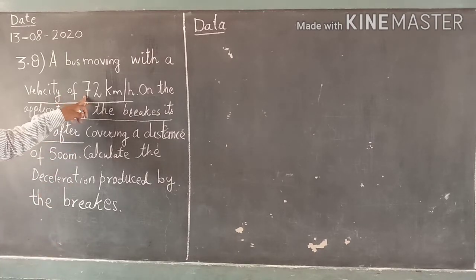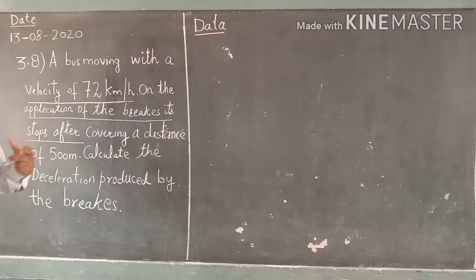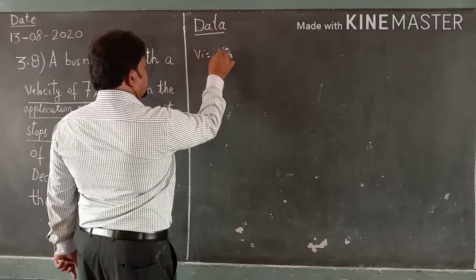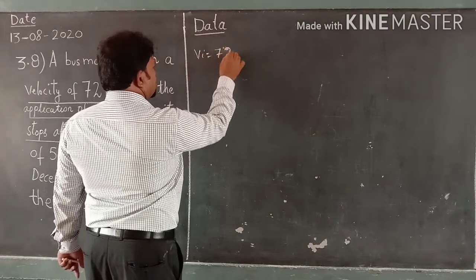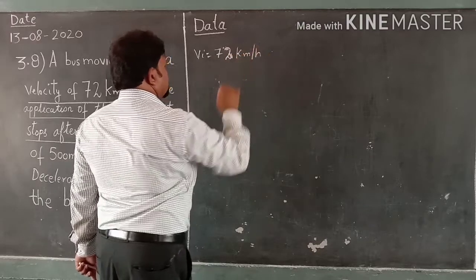So we take 72 km per hour as the initial velocity and the final velocity we consider 0 because the bus is stopped after applying the brake.